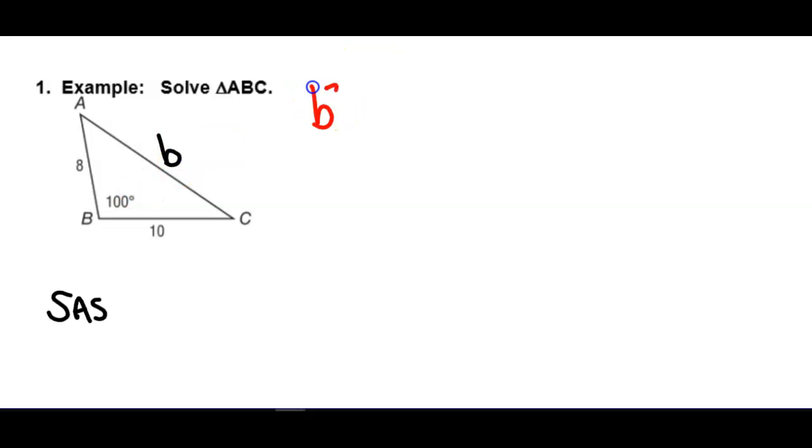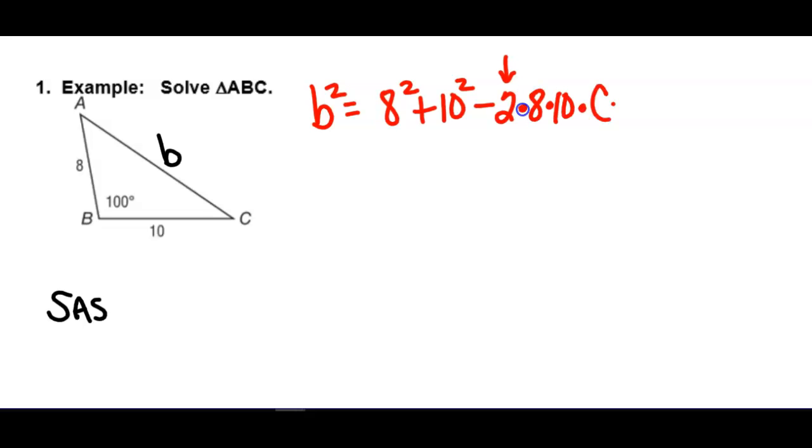So you would say B squared equals, and then the two sides are 8 and 10, and it doesn't matter what order you put them in, and then it's 2 that came with the formula, and then times 8 times 10 times the cosine of the 100 degrees. Okay?